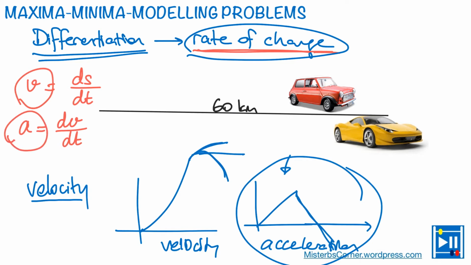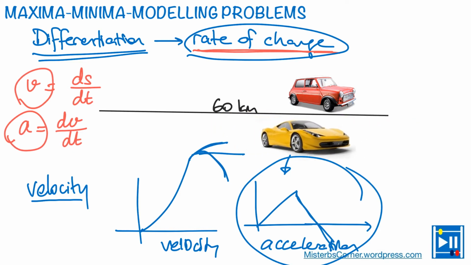Now, certainly it is very important to figure out the maximum and minimum values when it comes to measuring rate of change. It has many applications. For example, take the Ferrari here. What is the minimum weight that a Ferrari can be so that it can reach its maximum limit in velocity, for example?